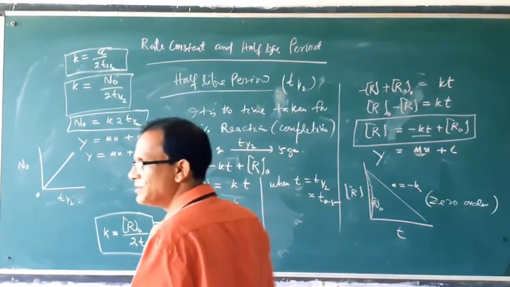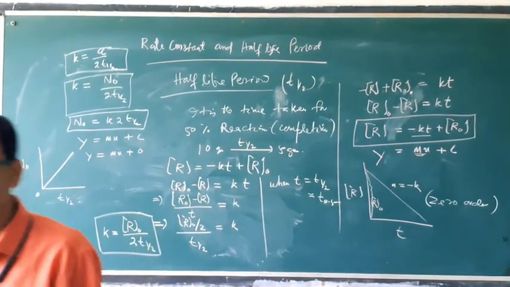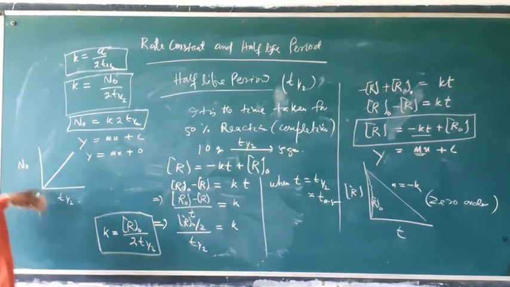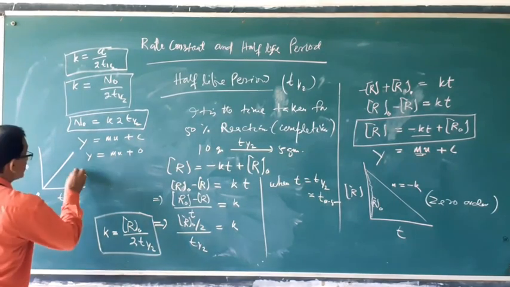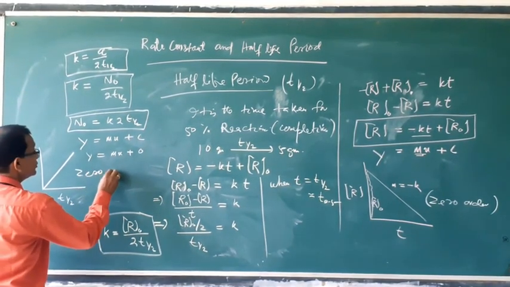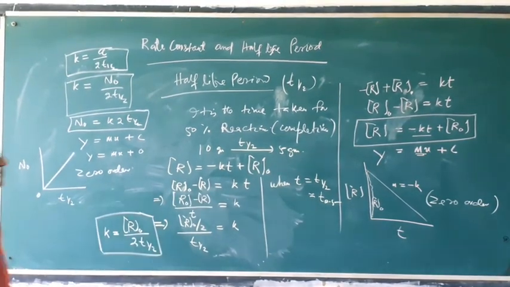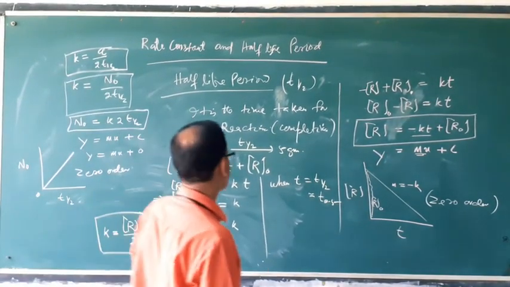If the half-life period is more, then more mass will be consumed. This is for zero order. So this is the expression of a zero order reaction.